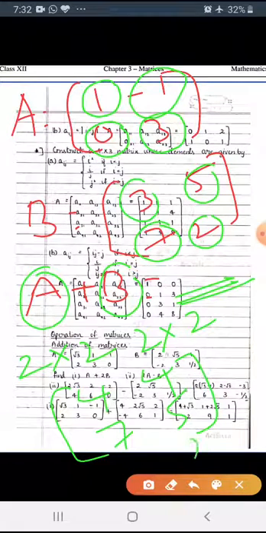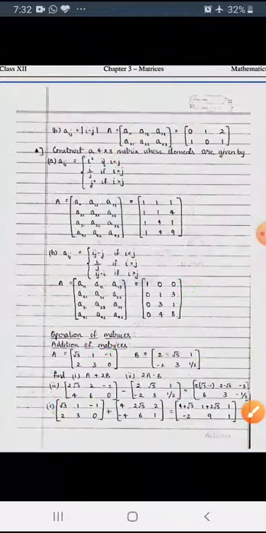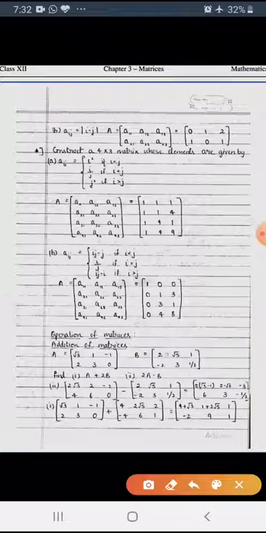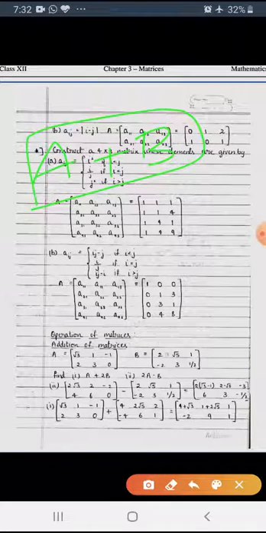So the order of the resulting matrix is also the same. So what you observed here is that the sum of matrices has the same order.